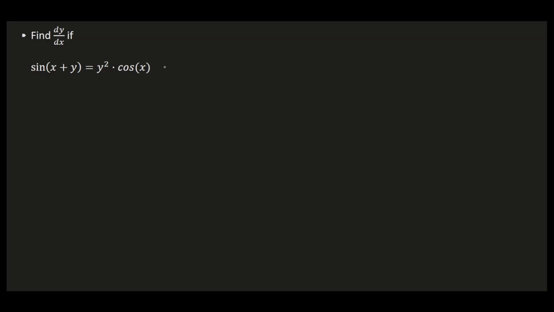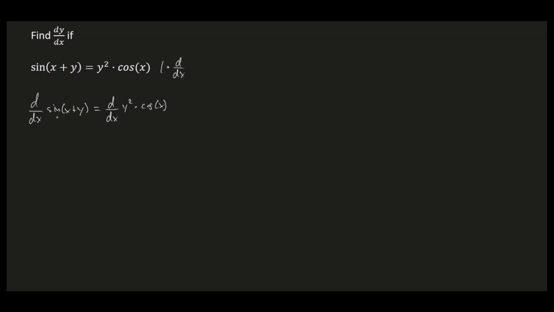So first of all, we have to multiply both sides with d over dx. So we will get d over dx sine of x plus y is equal to d over dx y squared times cosine of x.